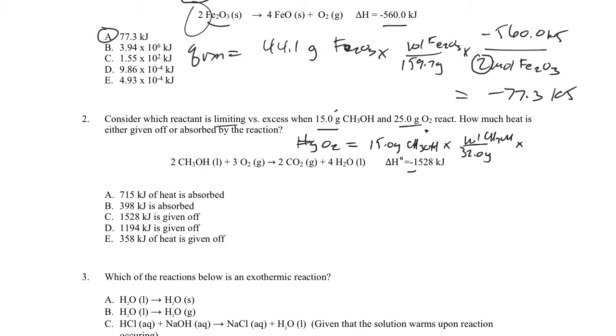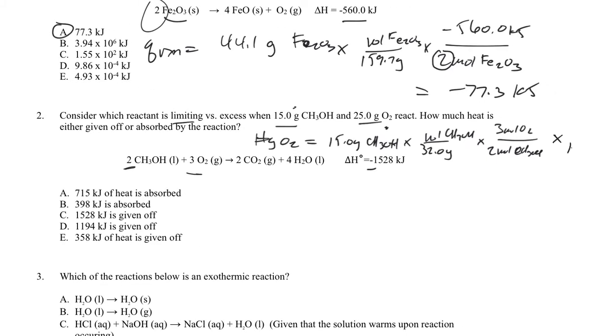And then the key here is for every 2 moles of methanol that react, how much oxygen do we need? We need 3 moles of oxygen, 1 mole of O2, 32 grams.